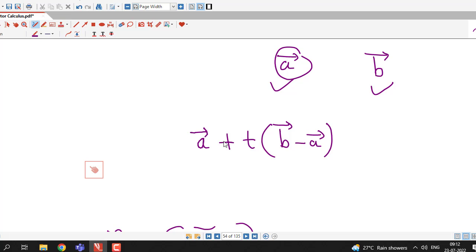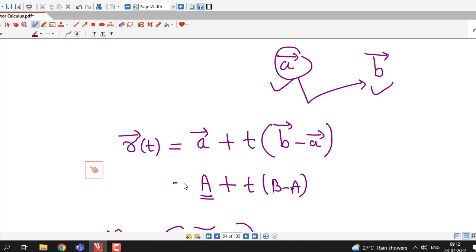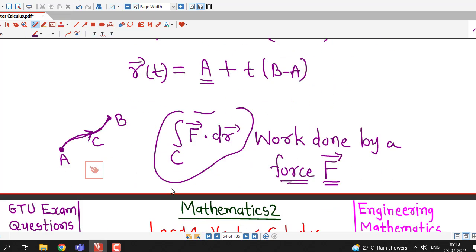Suppose we write A bar, and if we simplify this, we will get the parametric representation for the straight line joining these two vectors. So in our case, we will consider the position vectors of points A and B, and we will be able to decide the equation of the straight line in R3 in parametric form.